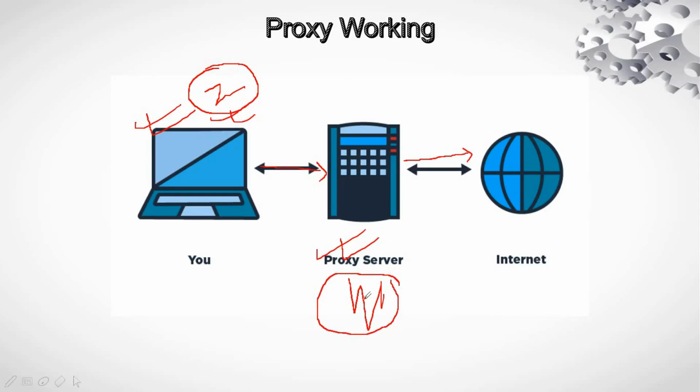This cannot be a real IP address. I'm just giving a pictorial demonstration. So when your connection is going to this particular website, your connection is forwarded through this proxy server. So the website that is being opened in your browser will receive this proxy server's IP address and not your IP address. This is another way to hide your IP.